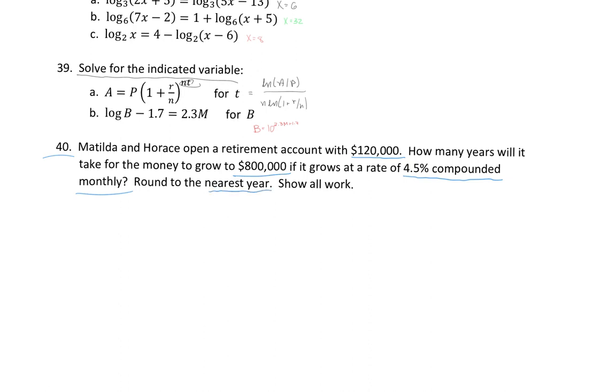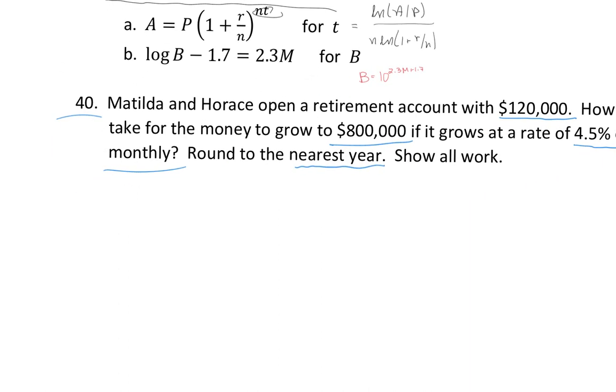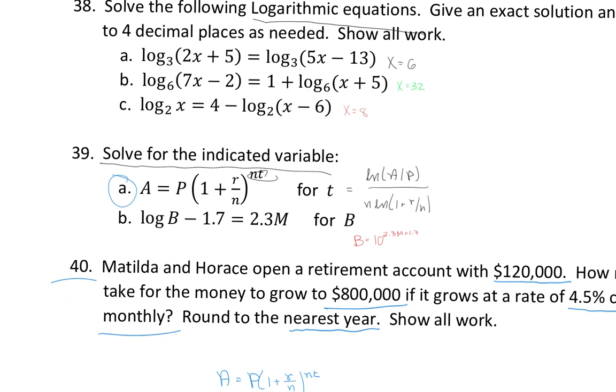So what we want to use for this question is our periodically compounded exponential function. That is A equal to P times 1 plus r over n to the nt. If we notice, this equation is exactly the same as what we saw in 39a up above.